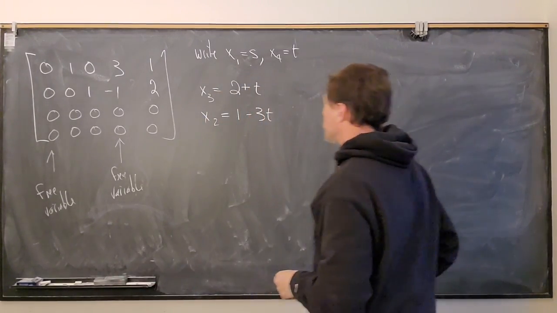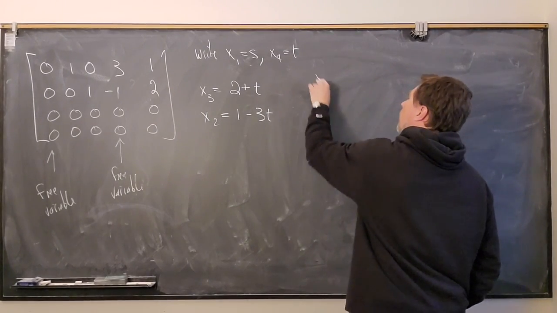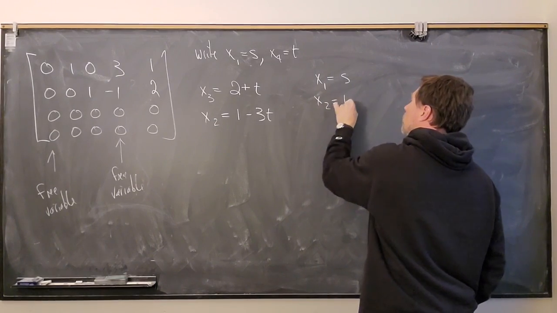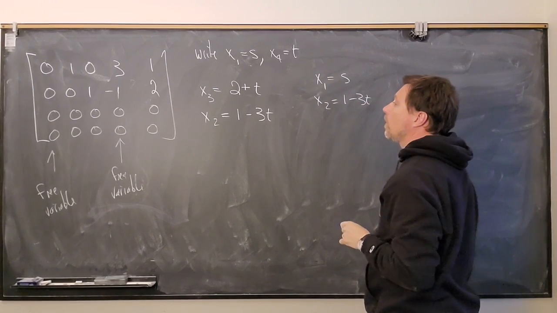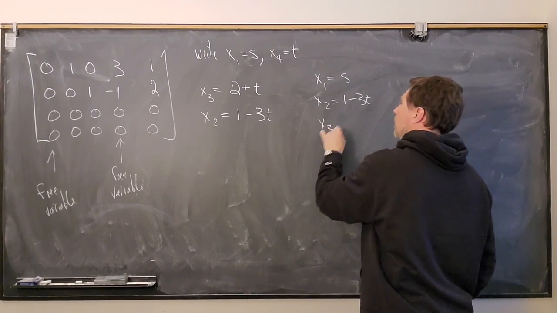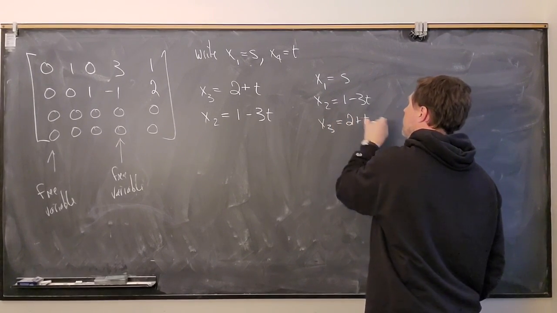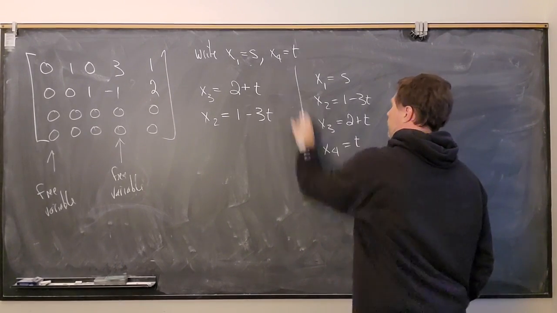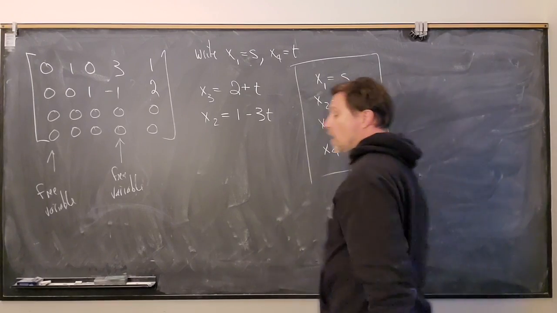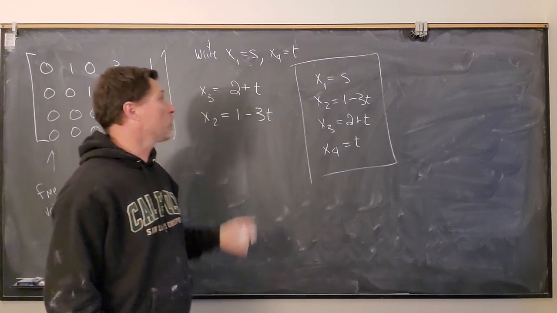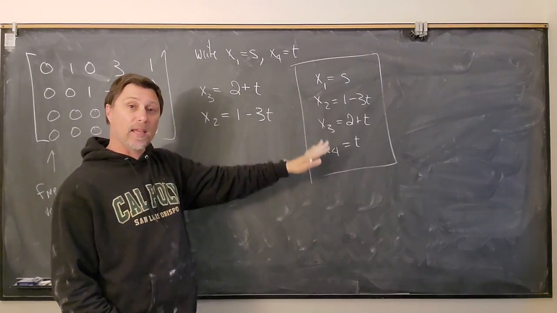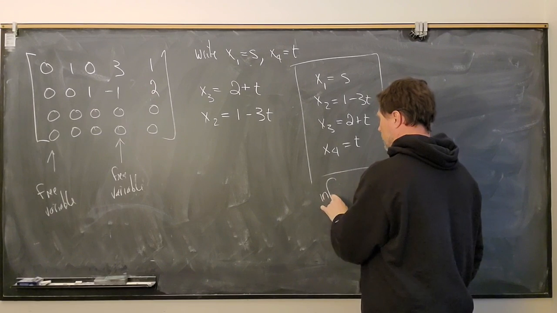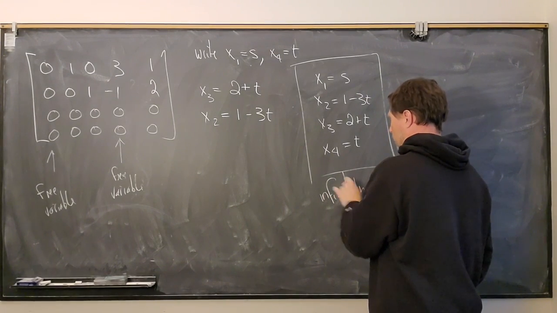So what does our solution set look like then? x1 equals s, x2 equals 1 minus 3t, x3 equals 2 plus t, and x4 equals t. So what that means is every time we choose a new s and a new t, that gives us another solution to our system. Once again, we've got infinitely many solutions.